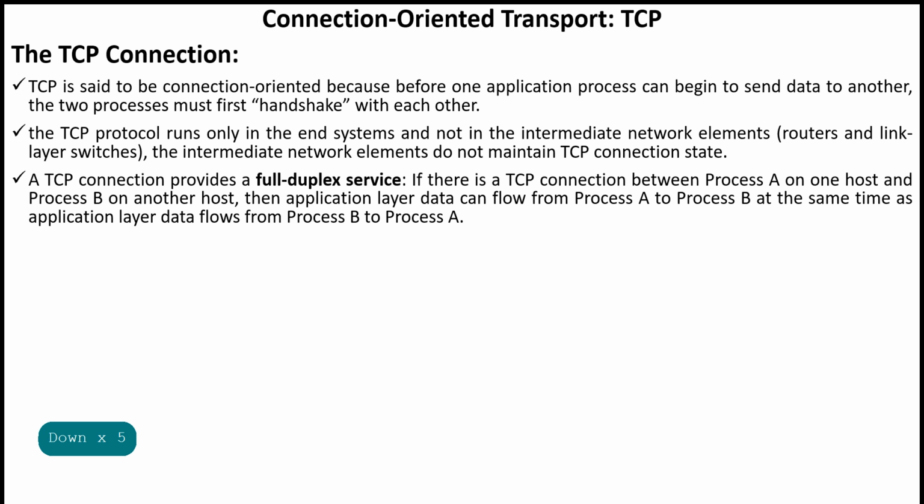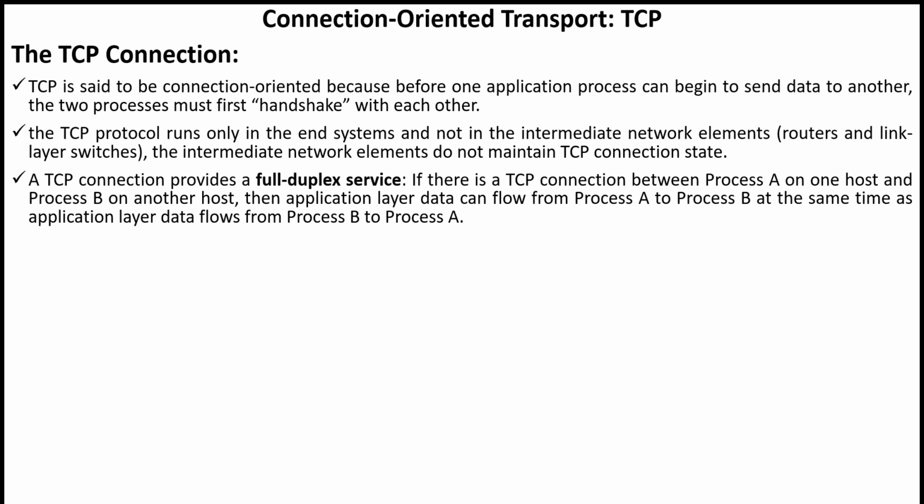A TCP connection provides a full duplex service. Full duplex means communication in two ways at the same time. It is a two-way communication at the same time. Consider an example.